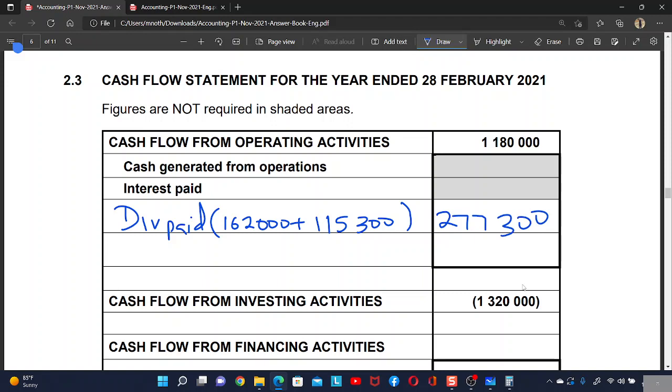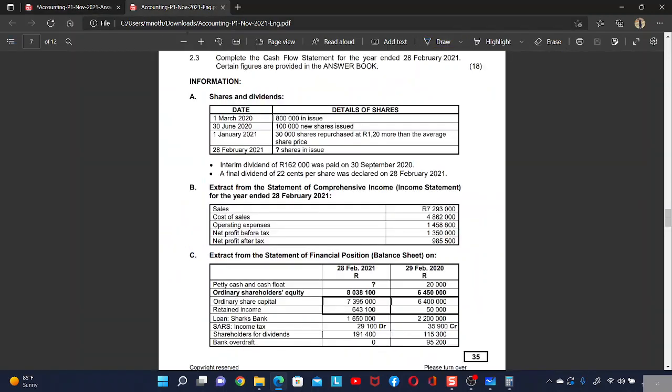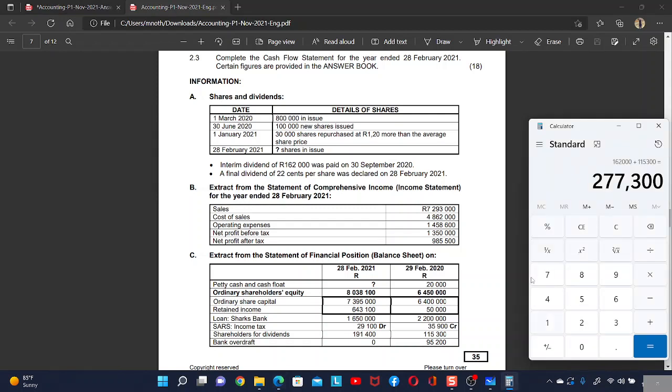And then you go to tax paid. You take the tax that is in the income statement, the income tax. Here we are given the net profit before tax and the net profit after tax. So to get the income tax, we need to find the difference.